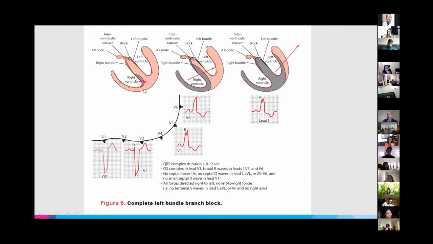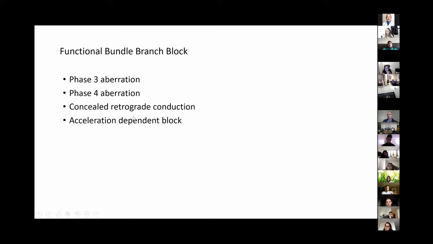And as you might notice here, that little septal depolarization from left to right is lost in your left bundle branch block, because that branch is coming from the left bundle. So that's why you lose your little Q wave in V5 or your little R wave in V1, because you've just lost that first step of left to right septal depolarization. So those are your bundle branches.